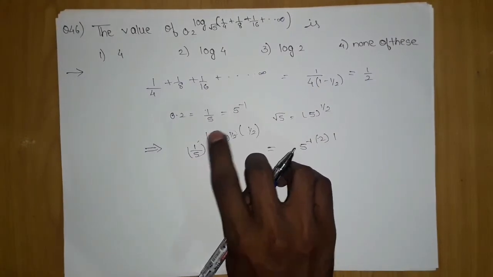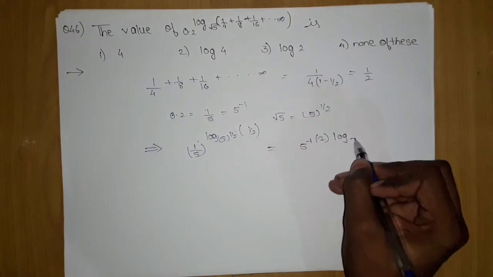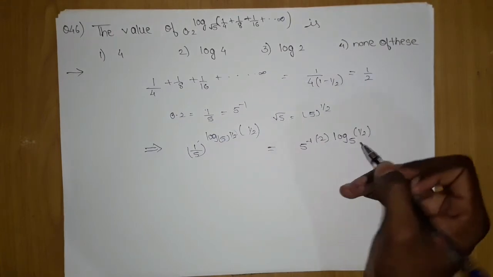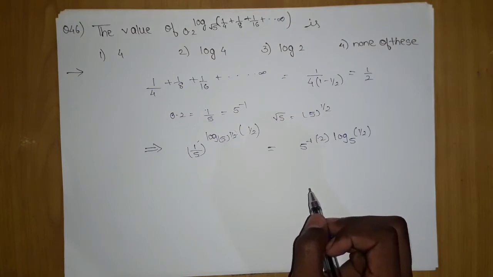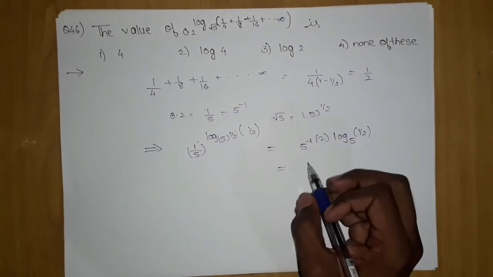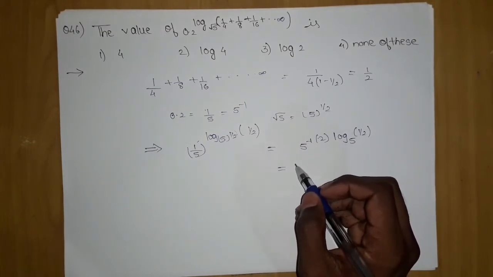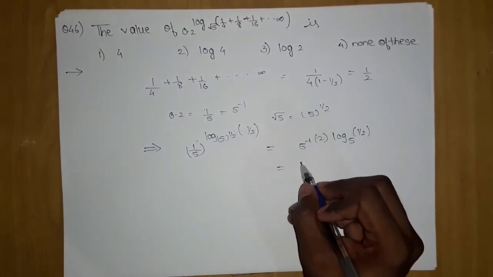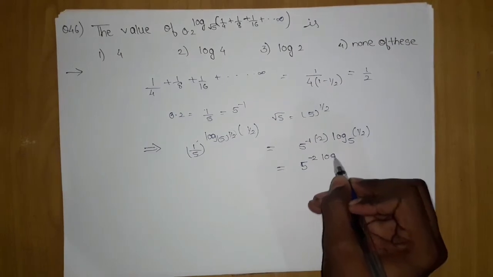If it is 2, then it would have become 1 into log base 5 power 1 by 2 of 1 by 2. This gives me minus 2 log 5 of 1 by 2.